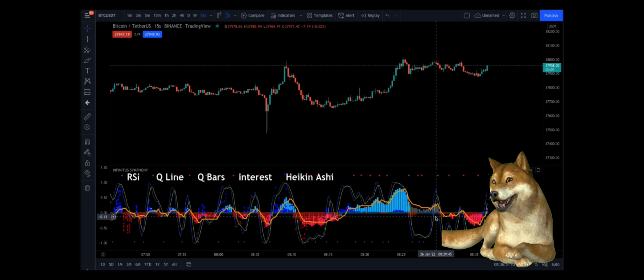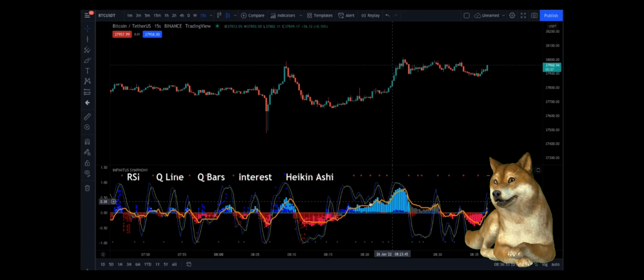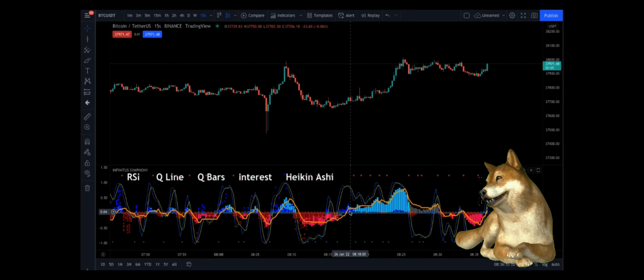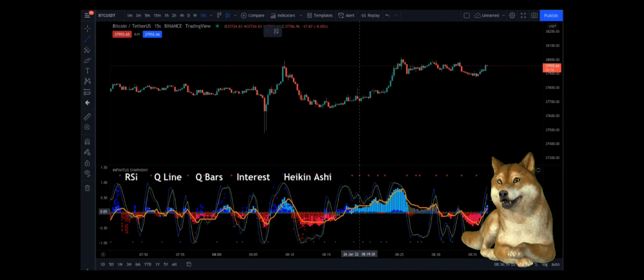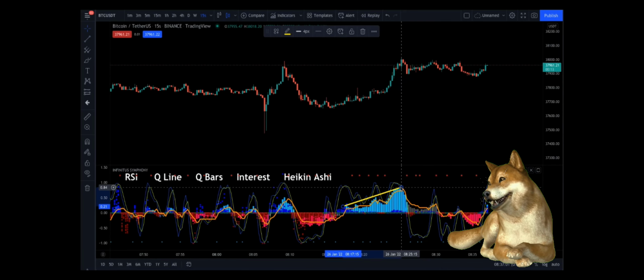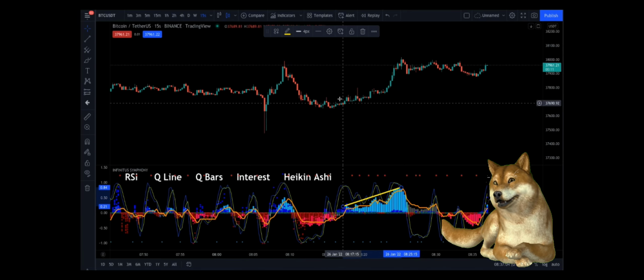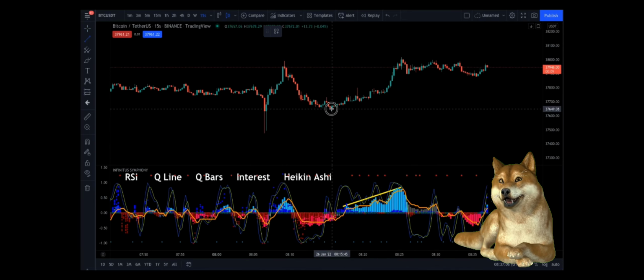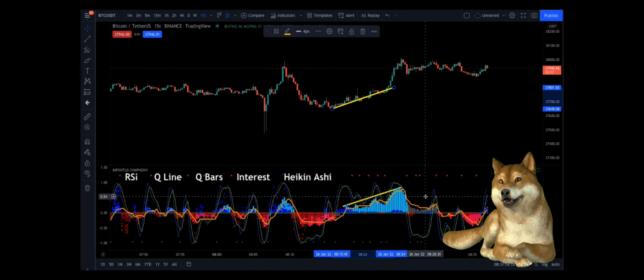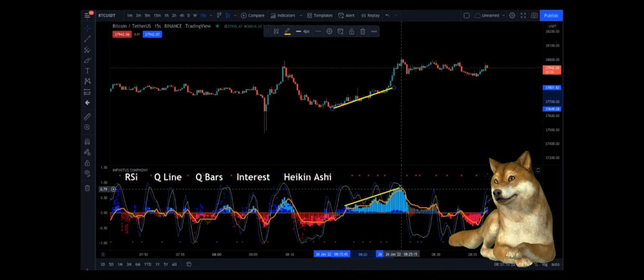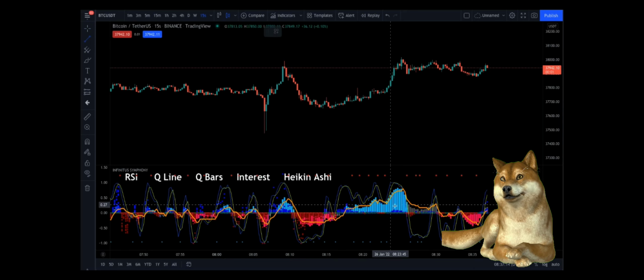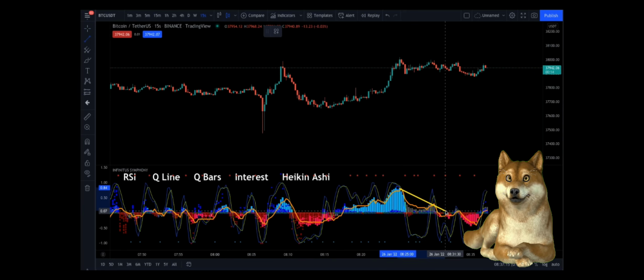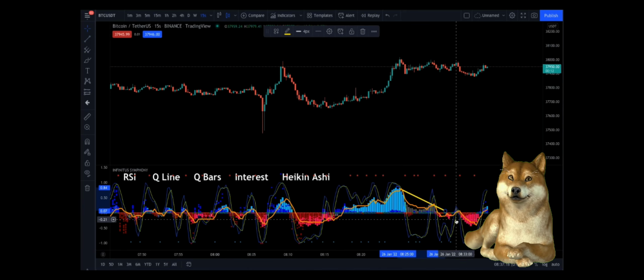Okay, so next we have the QE bars. When we see these increasing, like so, price tends to increase. We can see that it matches there. And whenever it decreases, price is going to tend to drop or go sideways.